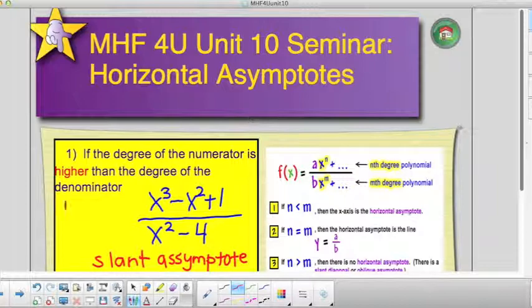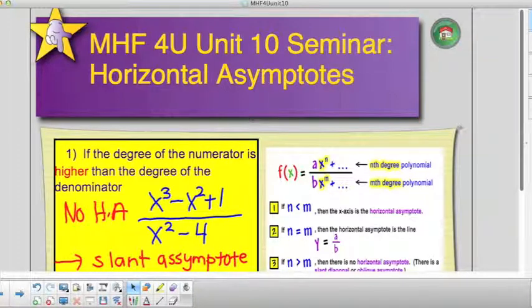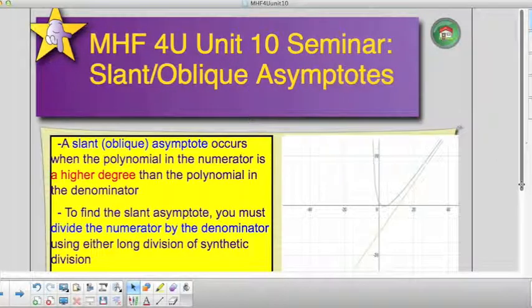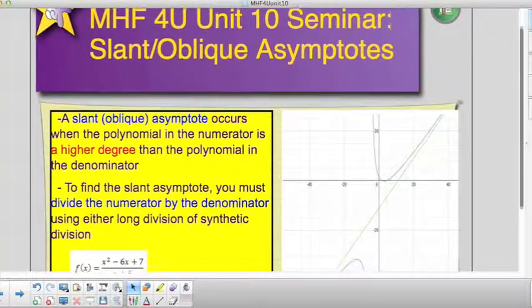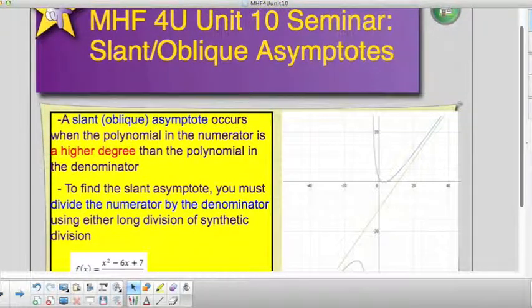So there is no horizontal asymptote, but there is something called a slant asymptote, which is the most complicated part of the unit, and I'm going to do a couple of questions at the very end on slant asymptotes. But that's the first thing. Whenever you notice that the degree of the numerator is higher, you should be able to say that there is no horizontal asymptote right away.